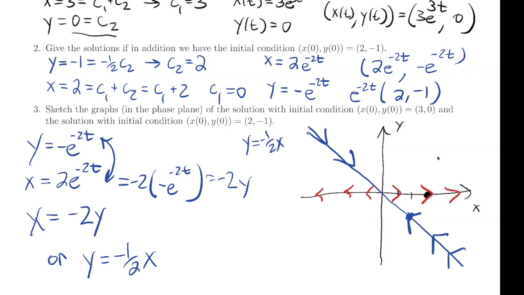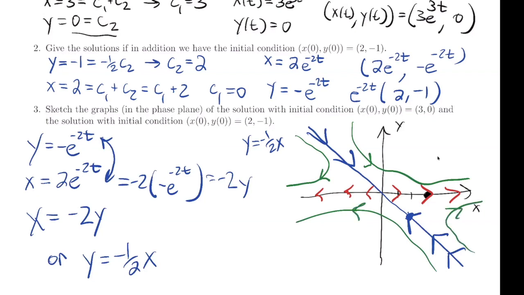And this is going to tell us exactly how all of the other solutions are going to behave, since we can't cross over one of these lines. So once I can identify these very special directions, that allows me to fill in the rest of the solutions in the phase plane.